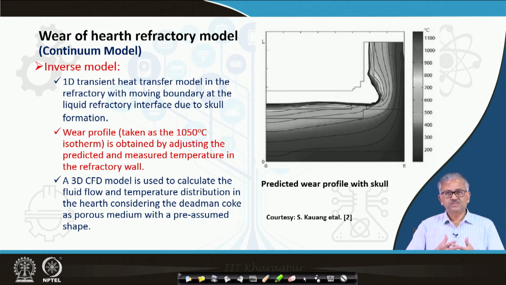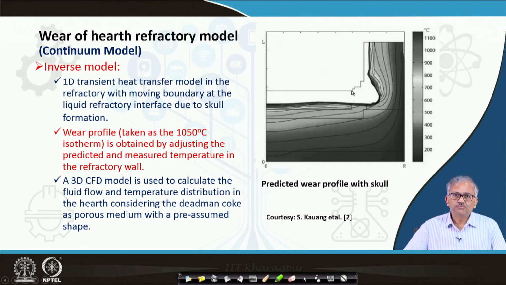Because it is a very opaque system, we cannot see the wear of the refractory. But understanding the wear life is very important, because if the refractory lining wears very fast, then the blast furnace has to be stopped. So health monitoring and then taking appropriate action such that this wear does not propagate very fast is very important.